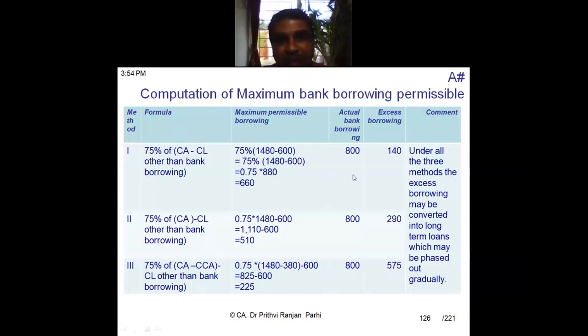Actual funding is more than that, so the difference should be arranged through long-term funding. It may be phased out gradually, or some long-term borrowing sources may be used for the differential amount. But this is the amount which the bank should provide through working capital finance. This was our understanding. Is it clear to both of you? Okay, it is clear.